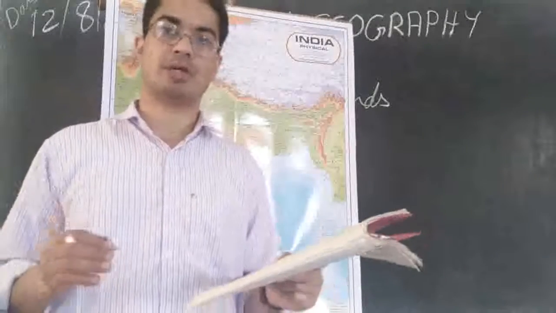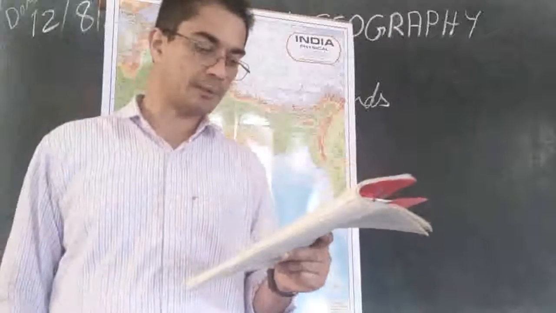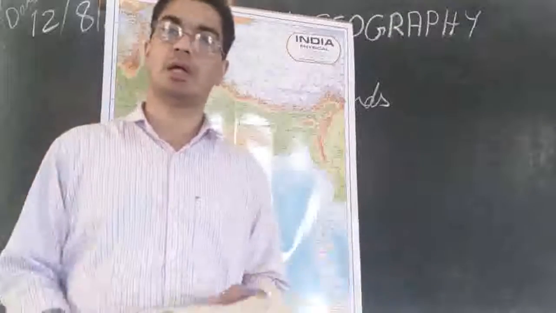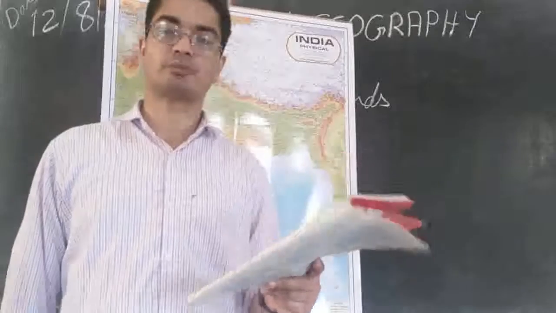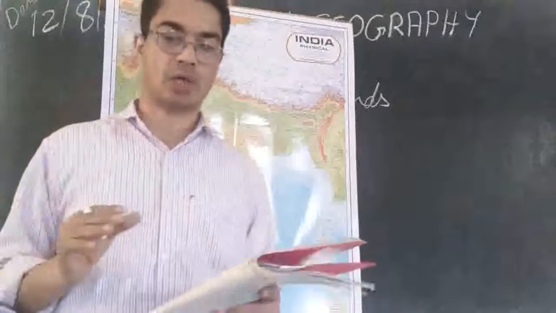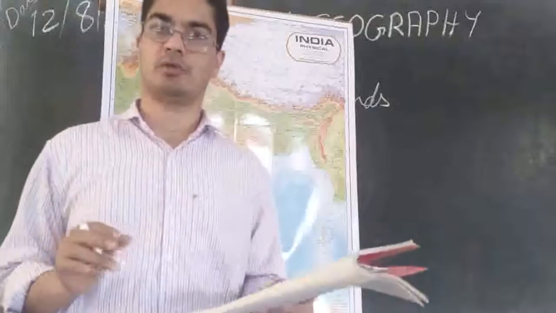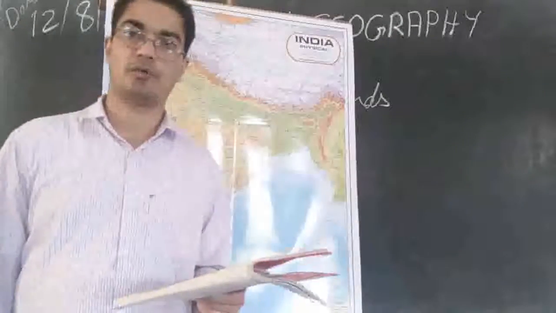So the most important jet streams that are flowing, one is the mid latitude, in the middle of the latitude. Then another one is subtropical, that is flowing in the subtropical region. These two are the major types of jet streams that are flowing over India.